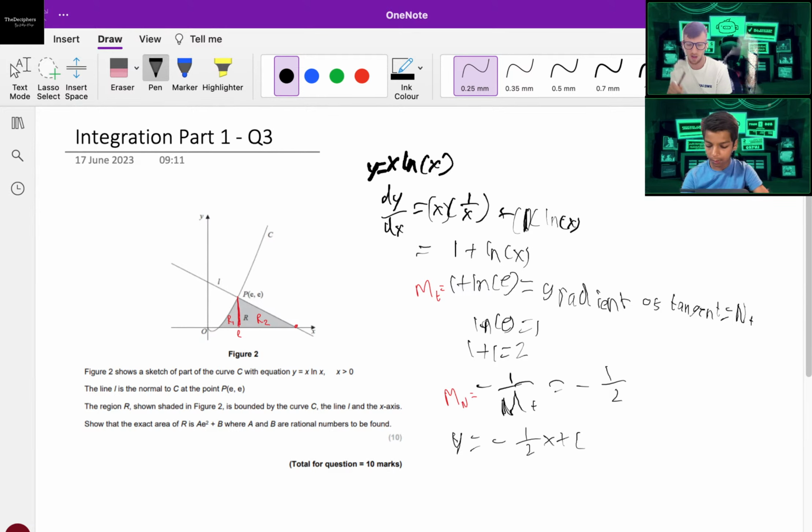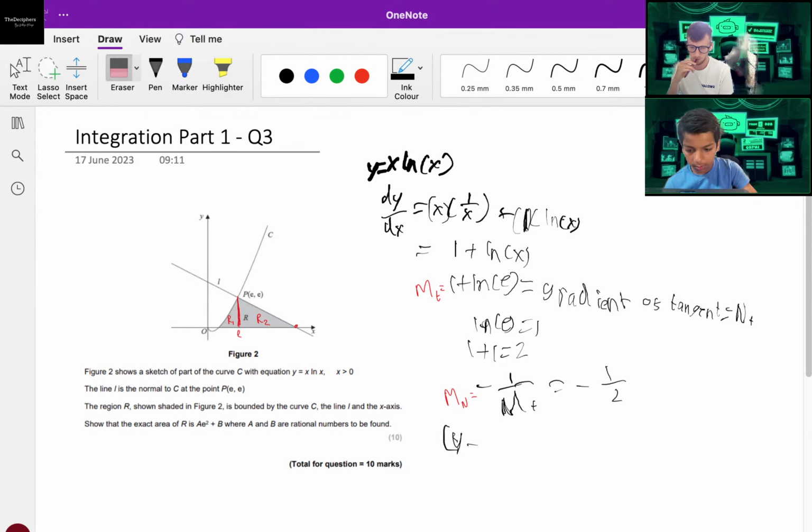Rather than doing that form, it's going to be easier to use y minus y1 equals m times x minus x1, because then we don't really need to find the plus c with what we're doing, because we're finding where it crosses the x-axis. So y minus y1.